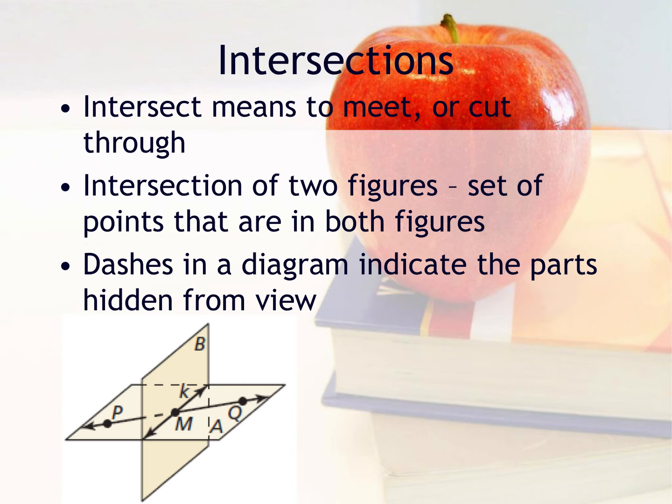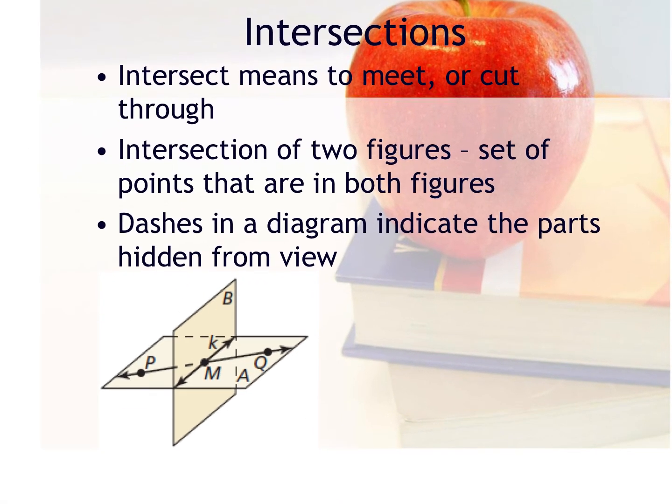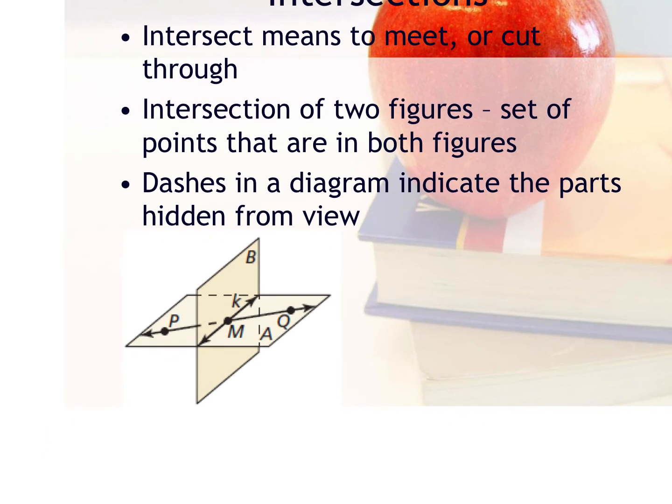When we talk about the intersection of two figures, we're talking about the set of points that are in both figures. In any diagram, anytime you see dashes, they indicate the parts of the figure that would be underneath or behind it, hidden from view. I'll show you this with some pieces of paper, and how I can intersect them and how you might not see something because it's in the back.